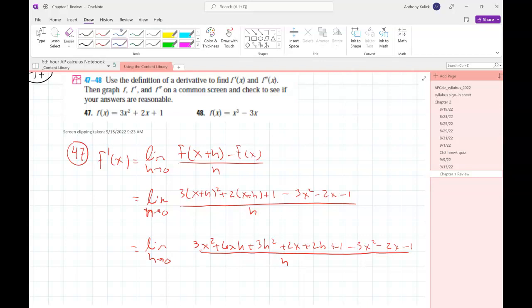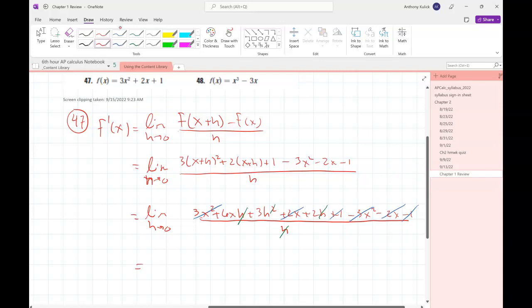Now I'm going to combine some like terms. The 3x squared and the negative 3x squared cancel each other out. The 2x and negative 2x and the 1 and negative 1 all cancel out. And then I notice that everything that I have left contains a factor of h. So I can reduce.